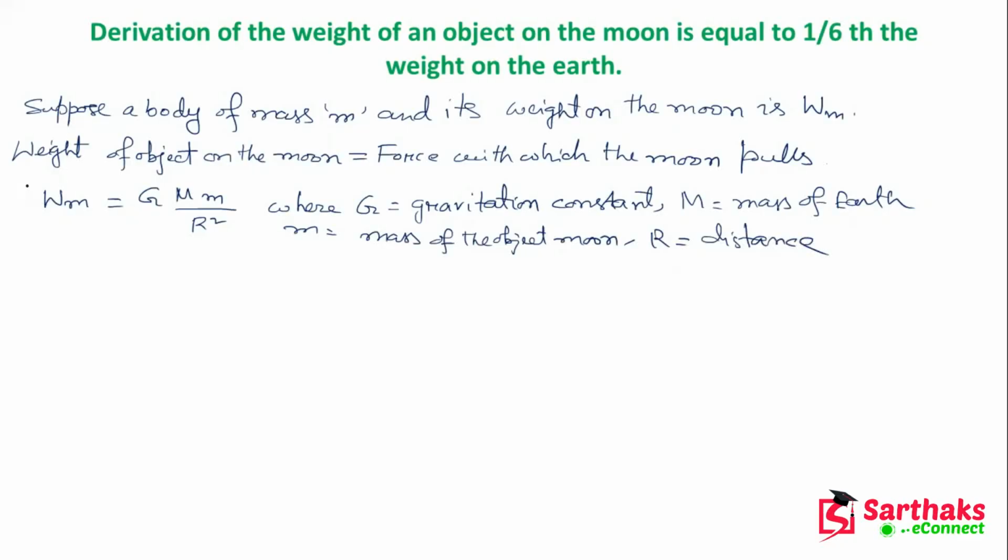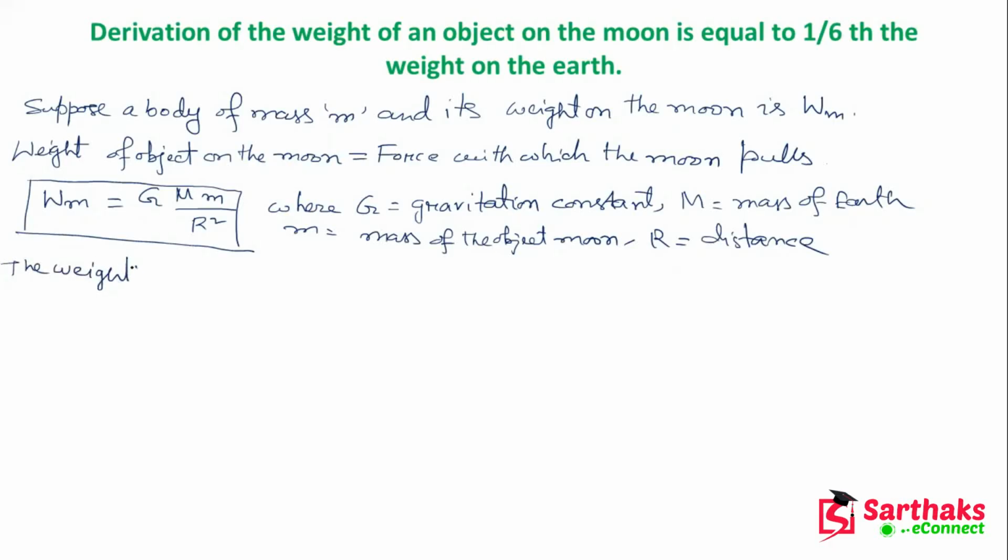This formula we already know. The weight is inversely proportional to the distance square, and directly proportional to the product of the two masses.